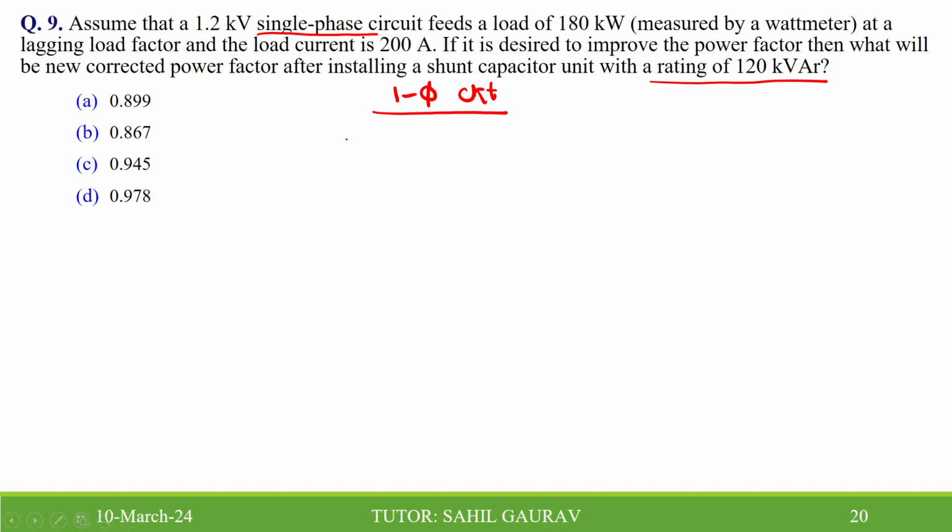First we will find the previous power factor and the active and reactive power. Since the active power is given, load active power is 180 kilowatt. For single phase, that will be VI cos phi, 180 kilowatt.